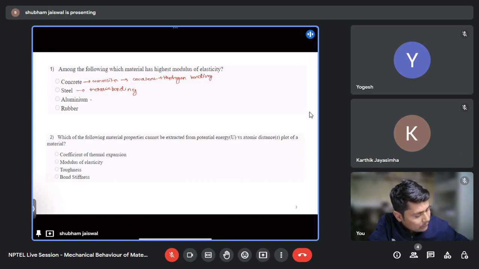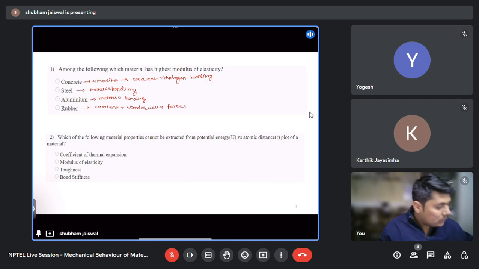And aluminum has metallic bonding. And which type of bonding does rubber have? It is covalent plus van der Waals forces.